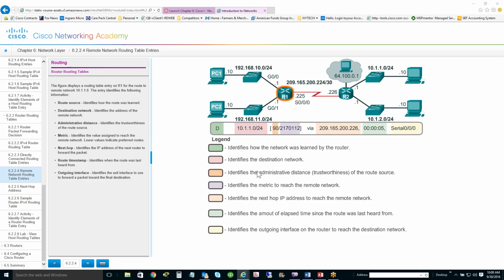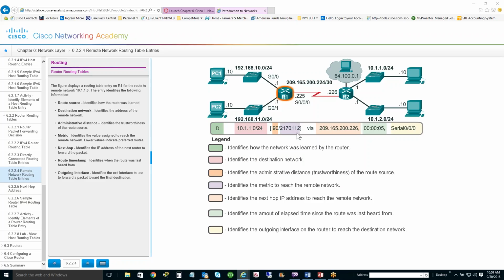There is a field that is the administrative distance, which is the value before the slash in the next part of it. And that is a value that determines how trustworthy the route source is. You can configure a router to actually learn routes from multiple protocols, and you can weight how trustworthy you're willing to consider each one of those routing protocols. So that's where that comes into play.